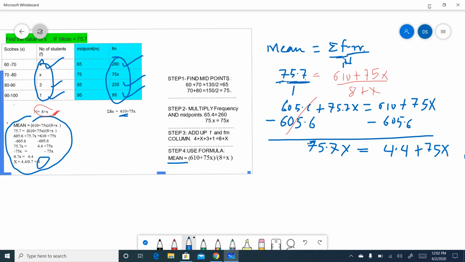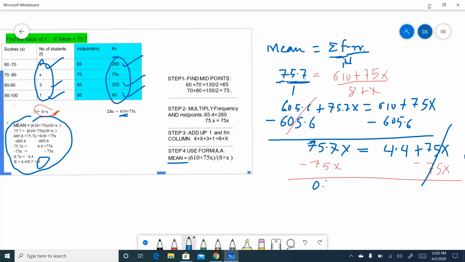So again I am going to subtract 75x from both sides, negative 75x and negative 75x, and the 75x cancels out.